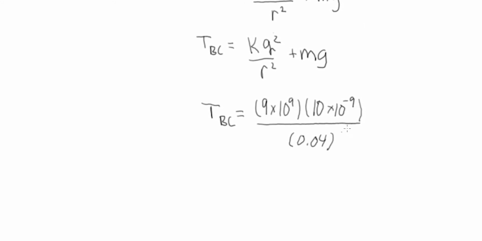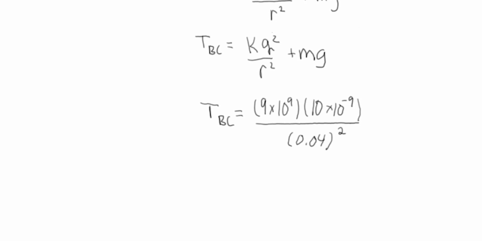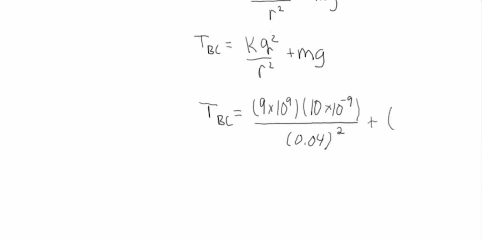0.04. Square that, plus the mass, which is 0.5 grams, which you must convert into kilograms. So that becomes 0.0005 times 9.81.